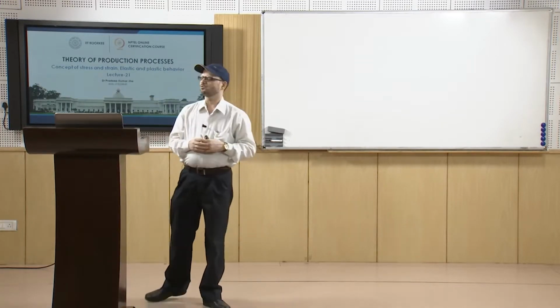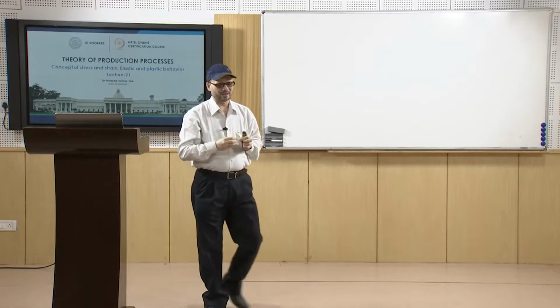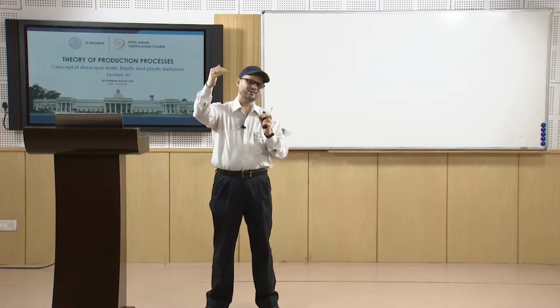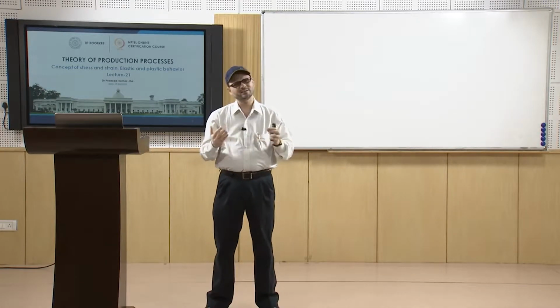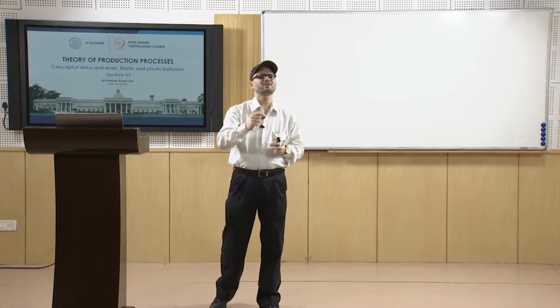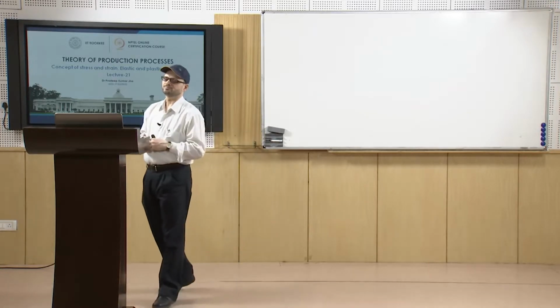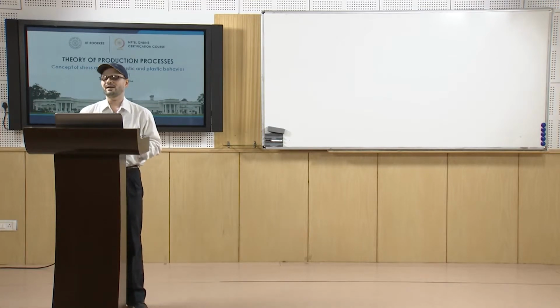You have the elastic zone: if you apply the load and there is deformation and then it comes back to its own position, it means there is elastic deformation. But if it does not come back, if you have permanent deformation in that body, then it is known as plastic deformation. That is how we define elastic and plastic deformation.